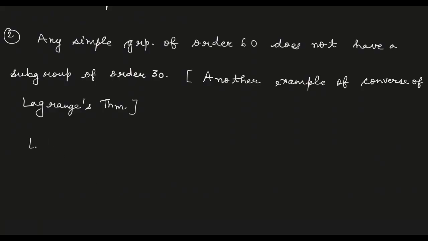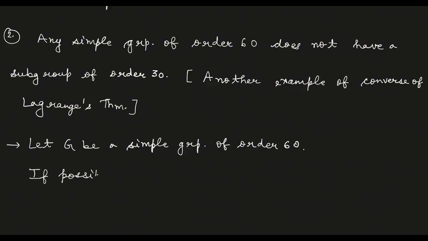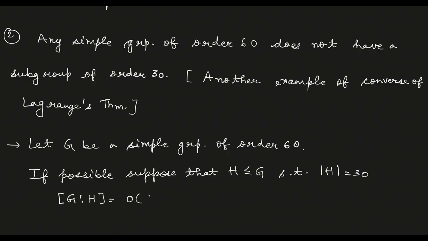So let us see its small proof also. Let G be a simple group of order 60. We need to prove that it does not have a subgroup of order 30. If possible, suppose that H is a subgroup of G such that the order of H is 30. Then the index will be the order of G upon the order of H, 60 upon 30, which is 2.